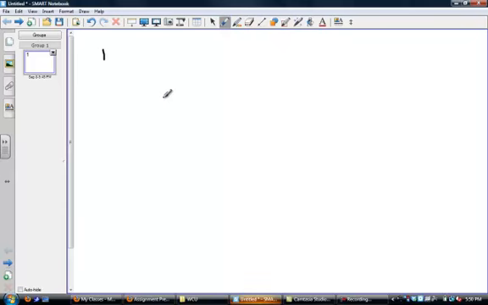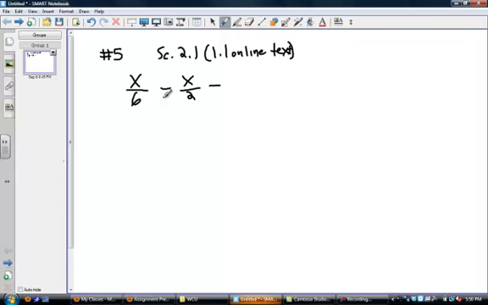So this is question number 5 from what's called section 2.1, but then it's 1.1 in the online text. One version of it that we're going to do here is x over 6 minus x over 2 equals 4. Okay, great.